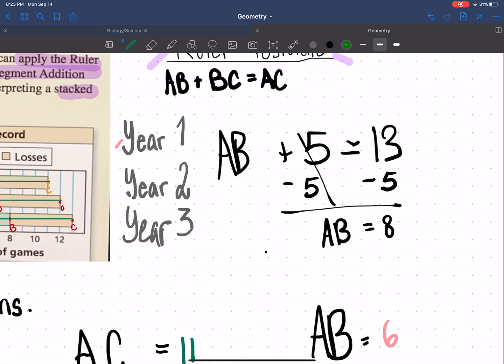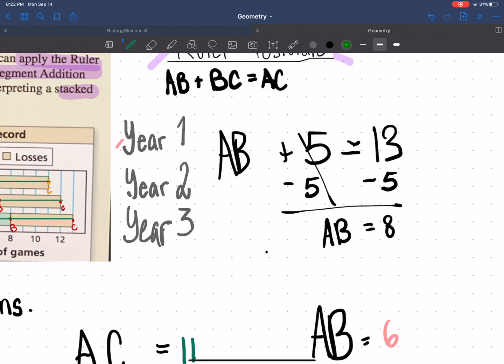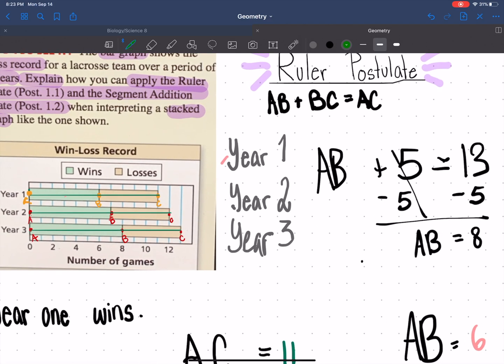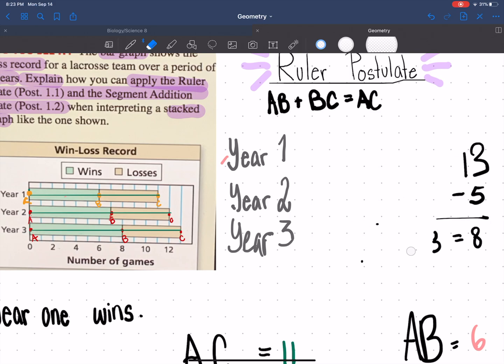So now that you have found the values and the distances using line segments and the two postulates, what questions can you explore? Like, what can you find using the values that you've just uncovered?